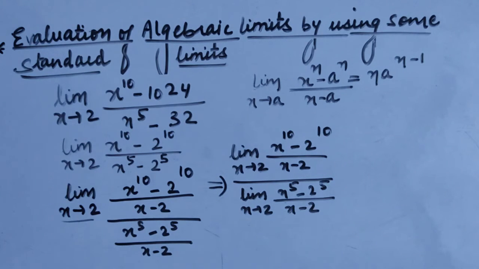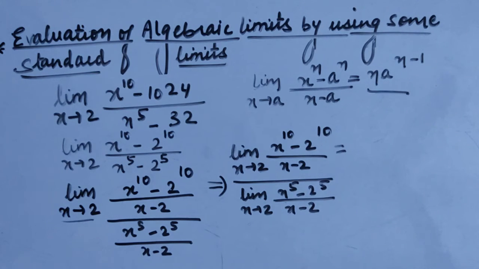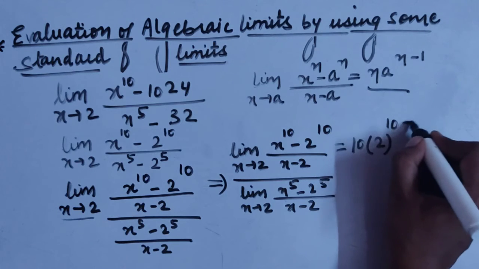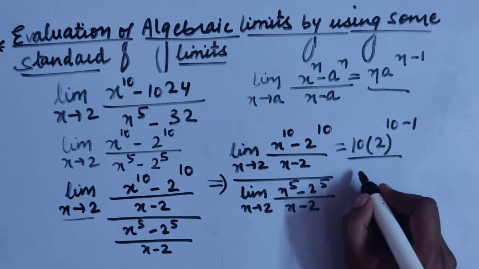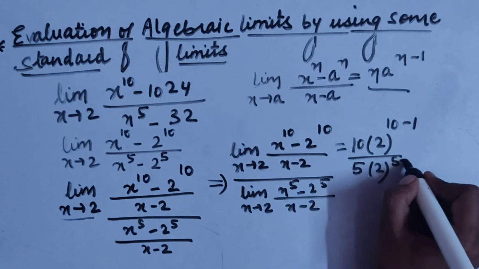I can use the algebra of limits over here. Now what will I get? I will use this standard limit concept, and the result I will get is 10 into 2 raised to the power 10 minus 1 divided by 5 into 2 raised to the power 5 minus 1.